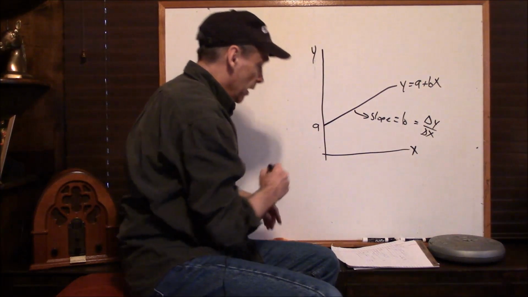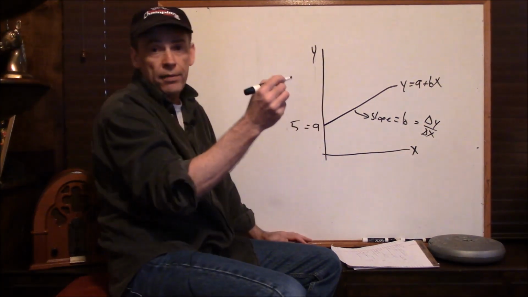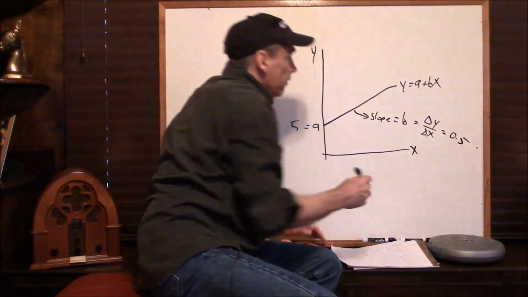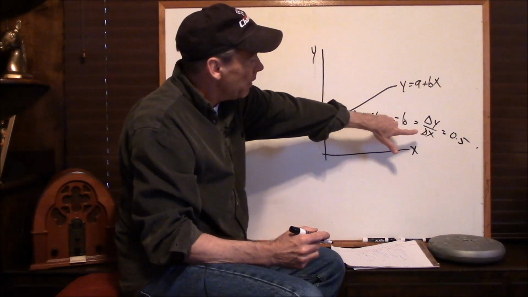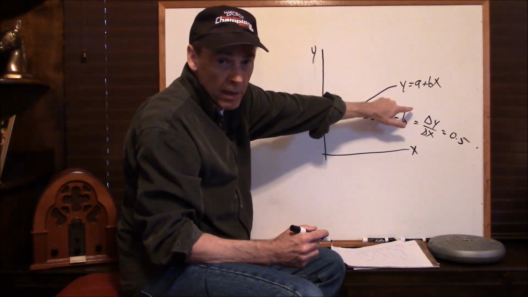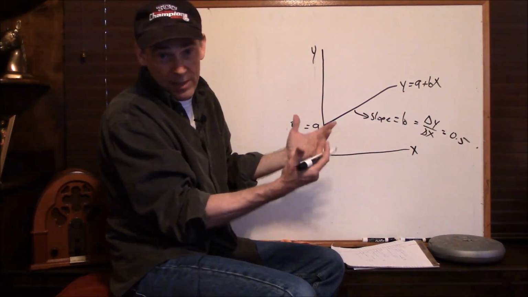For example, let's say that A is equal to 5 and B is equal to 0.5. Now what that means, of course, is that for every 1 unit x changes, y is going to change by a half a unit. So, check this out. My scale's not going to be exactly right, but you get the idea.